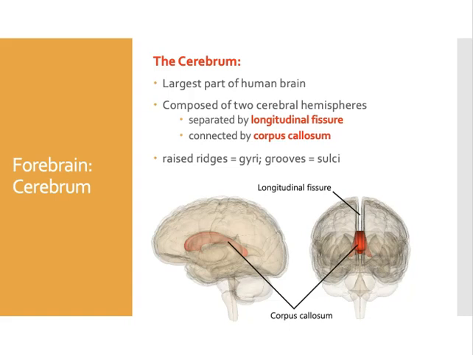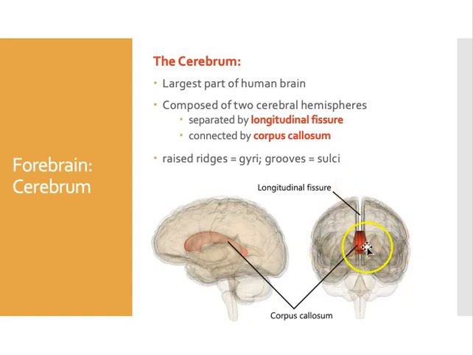Remember, the cerebrum is the largest part of the human brain. It constitutes about 83% of the weight or the mass of the brain. The cerebrum is composed of two halves, two cerebral hemispheres. They're separated from each other by a large fissure called the longitudinal fissure.